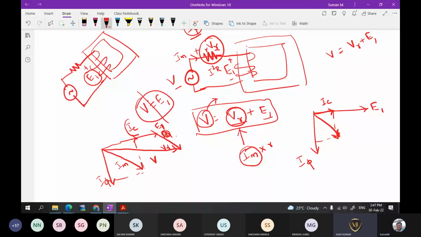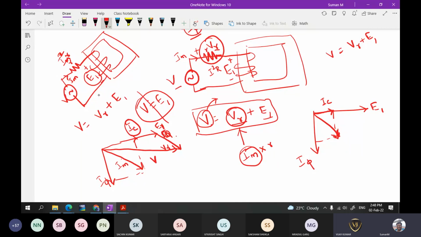Then there is a voltage drop in the winding, that is the copper loss, given by I square R, based on the current flowing through this. This resistance is R. Then some current is flowing through this path, that is Im. So this is Im square R. Now this is the voltage V. So V is equal to the voltage across the resistor plus the voltage drop across this inductor. You can consider it like an RL circuit, where this is R and this is L.